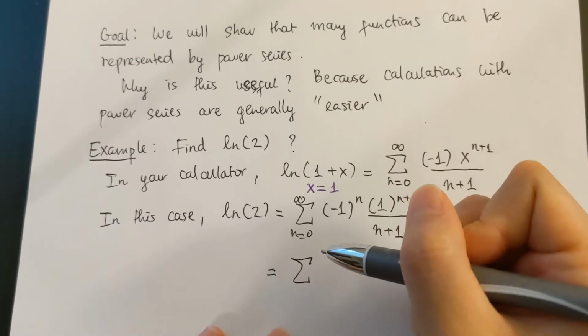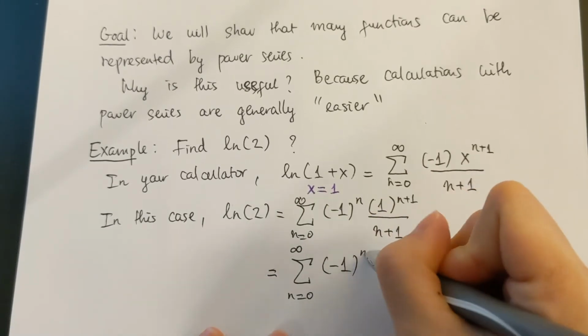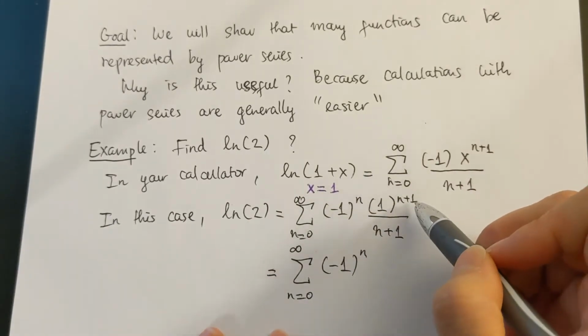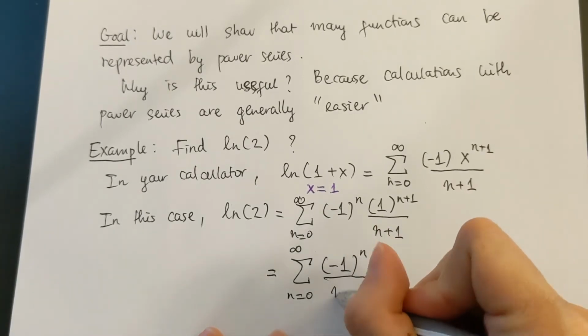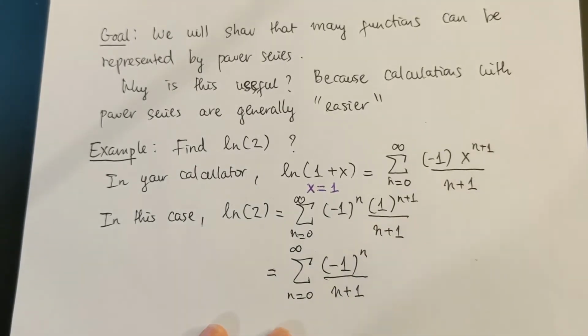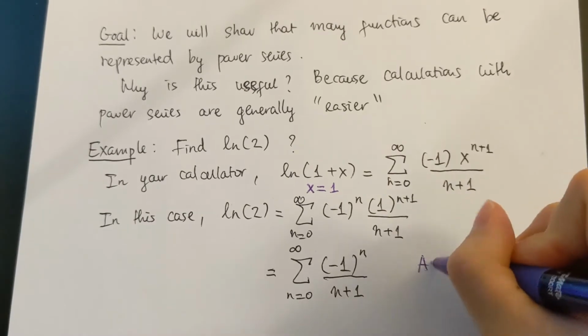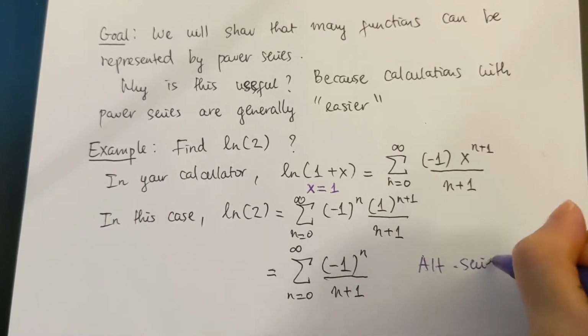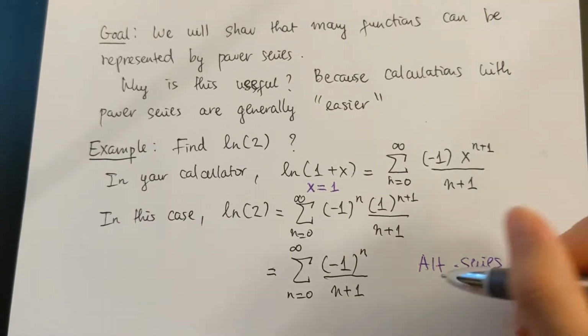So this is the series. 1 to the n plus 1 is always 1, so you have minus 1 to the n over n plus 1. This is nothing but the alternating series that we have been familiar with. And we can run through the alternating series test and show that this is convergent.